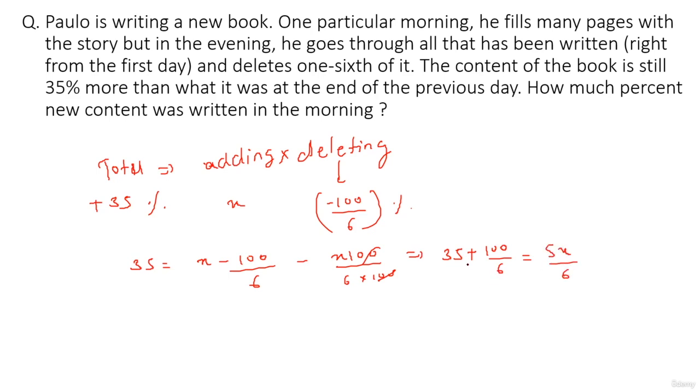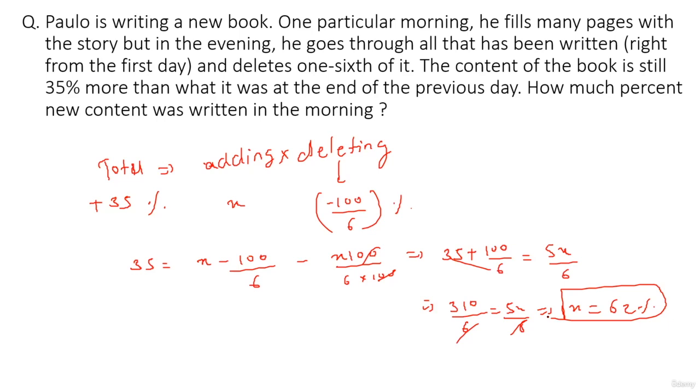So 6 5s are 30, 6 ये हो जाएगा 210 plus 100 is 310 divided by 6 is equal to 5x upon 6. 6 6 cancel. 6 5s are 30, 6 2s are 10. The answer is x is equal to 62%. This is one more way of solving the question, using the concept of a plus b plus ab upon 100.